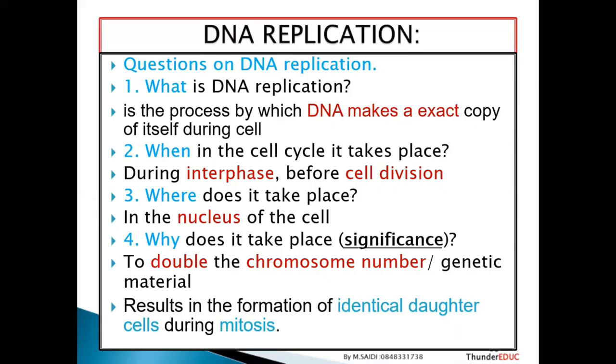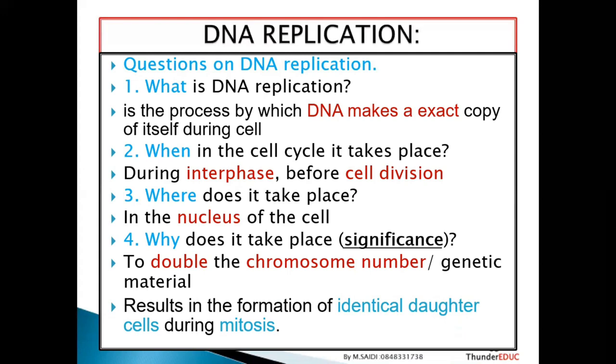Remember, cells undergoing mitosis are diploid. If they are diploid, the genetic material is supposed to double. When it doubles, the cell must divide. Once it divides, each cell must have the same number of chromosomes, so it will be identical to the original cells.